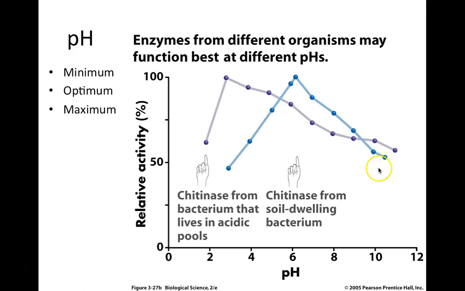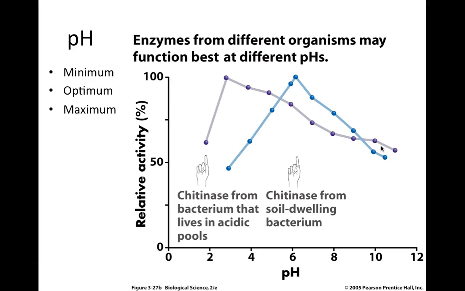function properly. We again plot pH on the x-axis versus relative activity of the enzyme on the y-axis, and can see that as we go from the pH minimum to the optimum to the pH maximum, for each enzyme from these two different organisms, the minimum, maximum, and optimum pH are going to be different, but we still see a similar type of distribution or curve from each one.